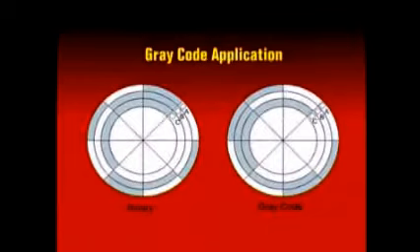Consider the disk on the left. If the disk on the left rotates in an anti-clockwise direction by 45 degrees, the brush A comes in contact with the conducting strip at 5 volts and turns on the LED indicating binary 001. If the disk continues its rotation and after another rotation of 45 degrees, brush B comes in contact with the conducting strip and brush A comes in contact with the non-conducting strip.